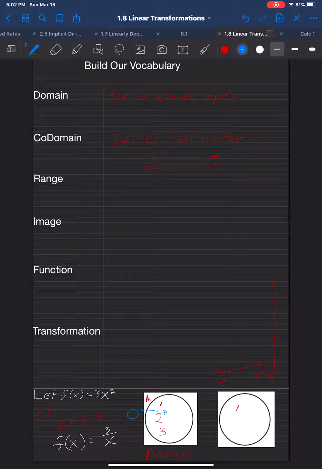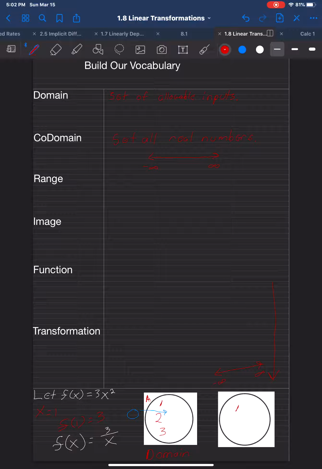Well, not of the second function, clearly, right? But what about the codomain? Well, the way you have to think of it is the codomain is all the real numbers, all potential numbers that you could reach. But the range is going to be all the actual numbers you can reach based on the function.